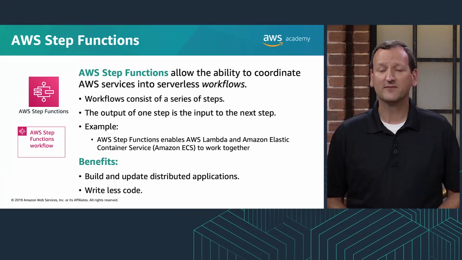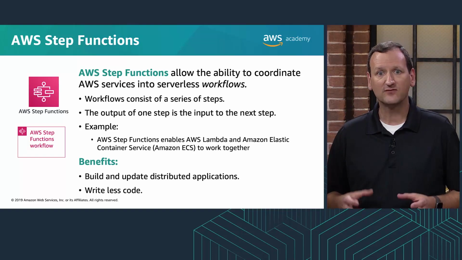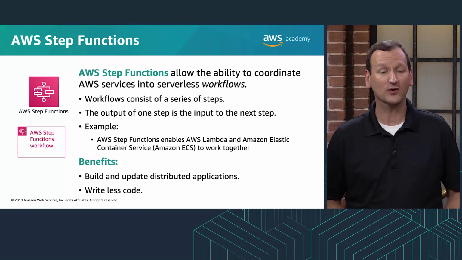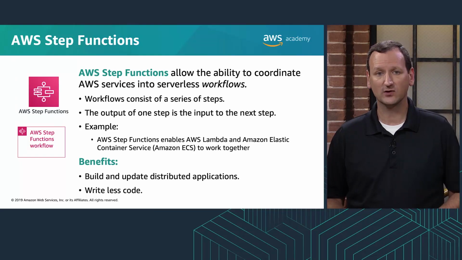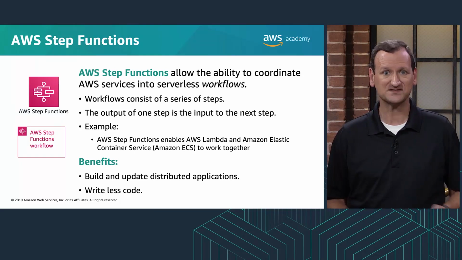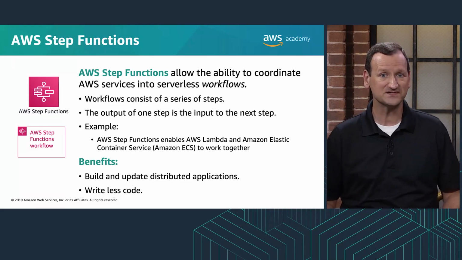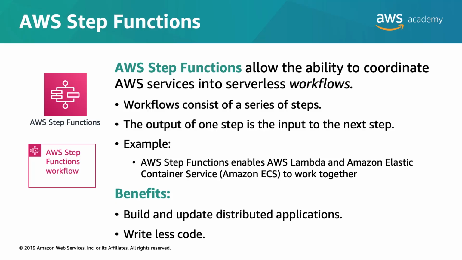These workflows are made up of a series of steps, with the output of one step acting as the input for the next step. Step Functions translates your workflow into a state machine diagram that is easy to inspect and understand, which makes it easier to explain to others and easy to change. You can monitor each step as it happens, which means that you can identify and fix problems quickly.